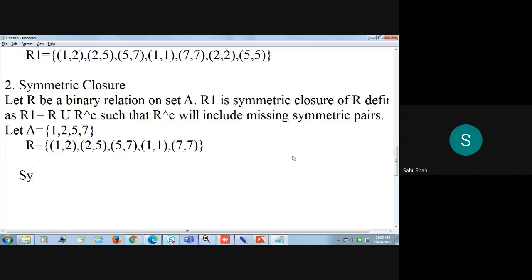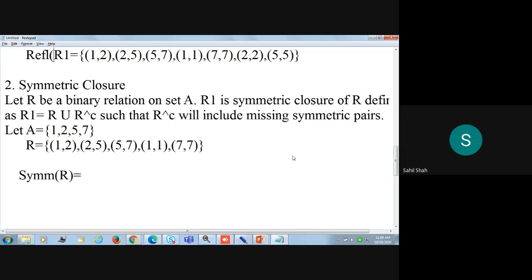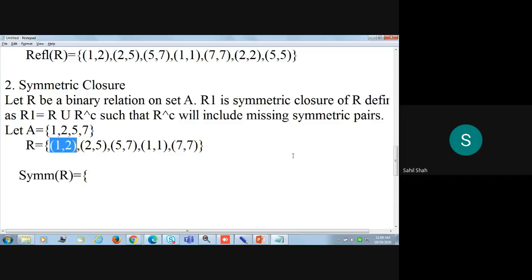Just for understanding, I am writing symmetric closure of R. Otherwise, if we write R1 everywhere, it will be confusing. So let me write here reflexive closure of R, and here symmetric closure of R. So originally I am going to have everything in the context of R. So I will copy paste.